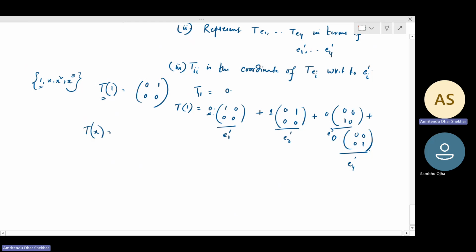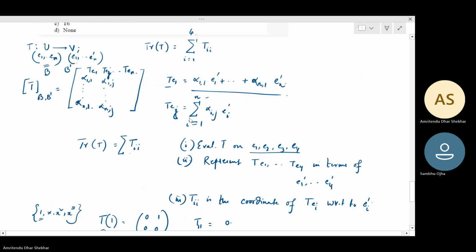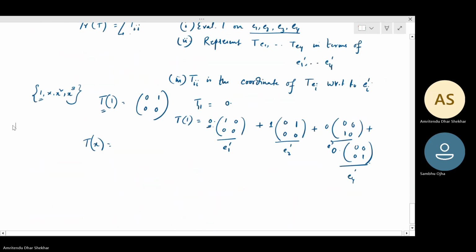So next is T of x. So T of x is equal to, let me just copy this for convenience. Right. So Tx is equal to 0, 0. F dash of x is 1. And f of 3 is equal to 3.